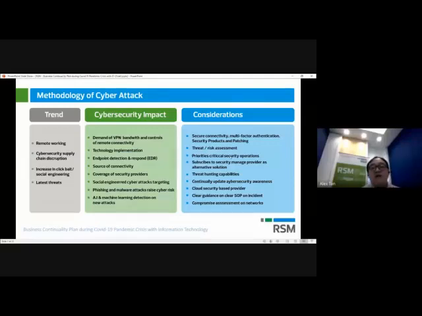Then the last stage will be considerations, known as the remedy. Normally when it comes to cybersecurity, we talk about security. Of course, an organization or business should consider secure connectivity, multi-factor authentication, security products, and patching, thorough threat and risk assessment, priorities on critical security operations, and subscriptions to a managed security provider as an alternative solution.